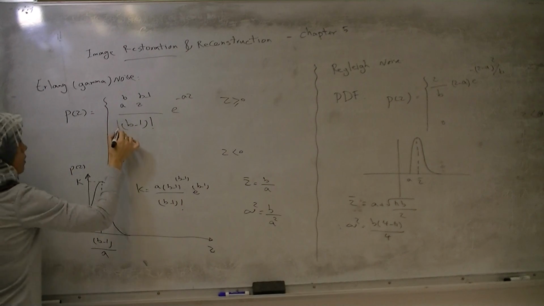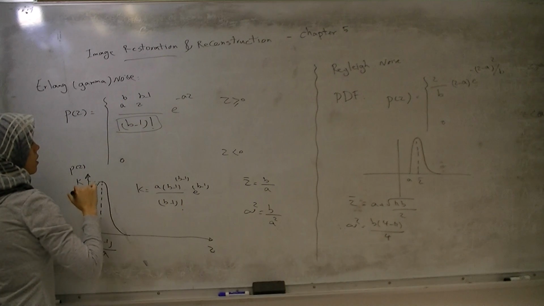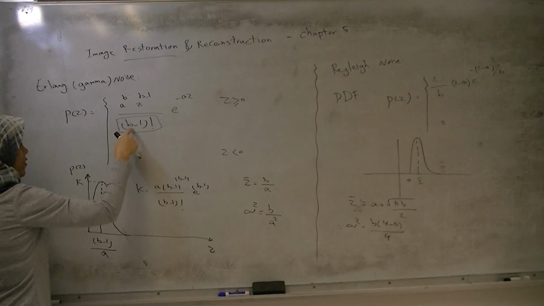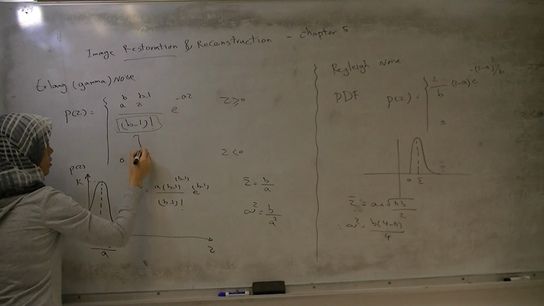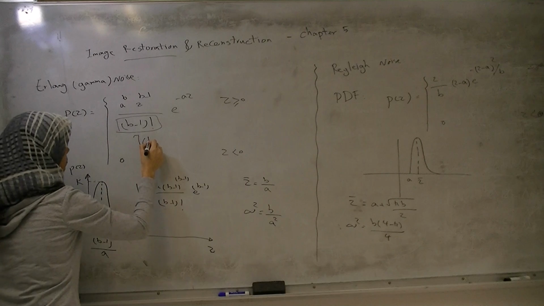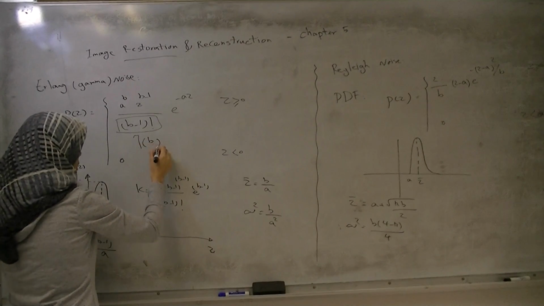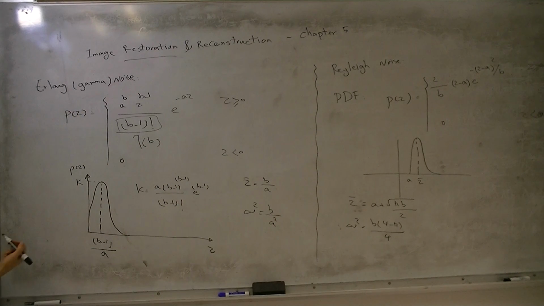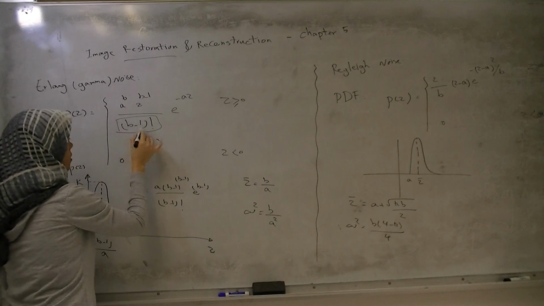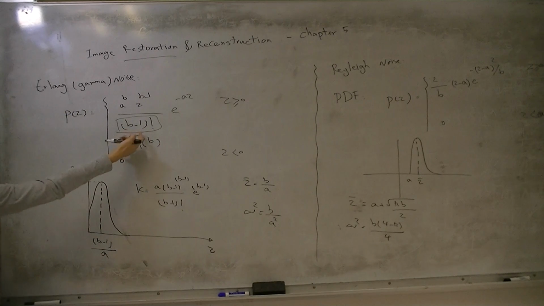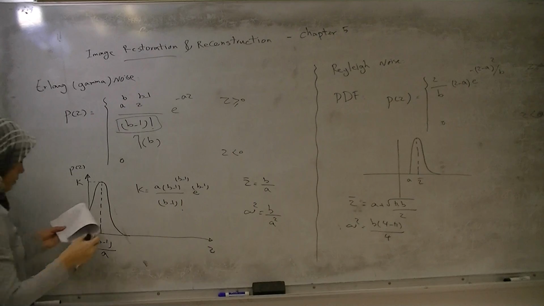If b is not an integer, it has just the gamma function of b, and we call it gamma noise. If b is a positive integer, with the factorial of b, we call it Erlang noise.